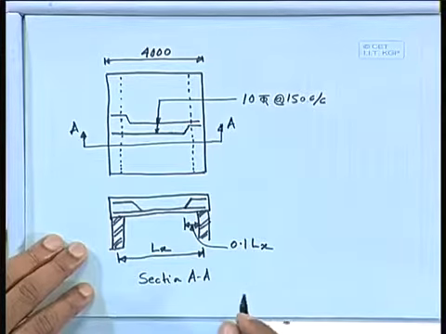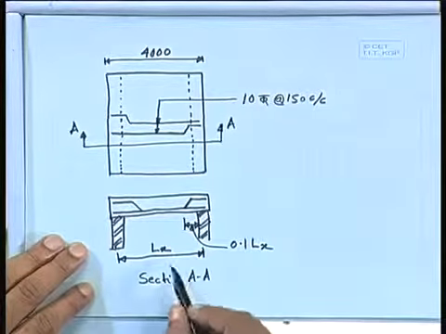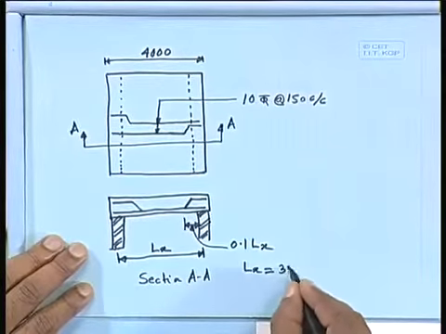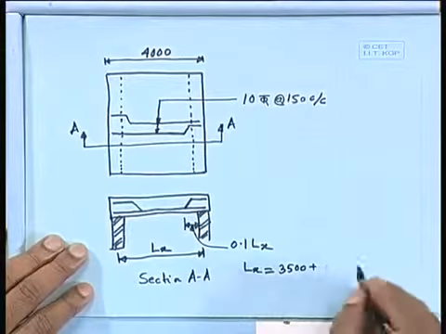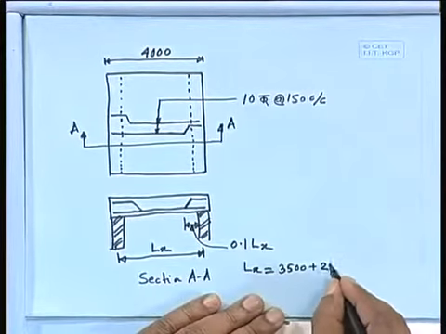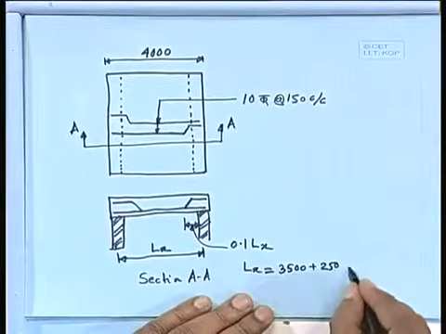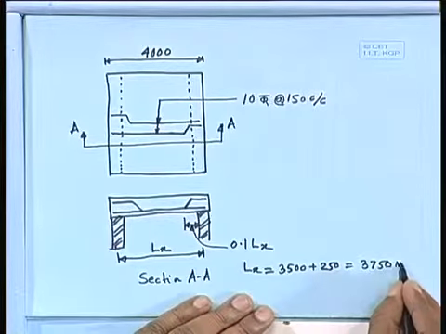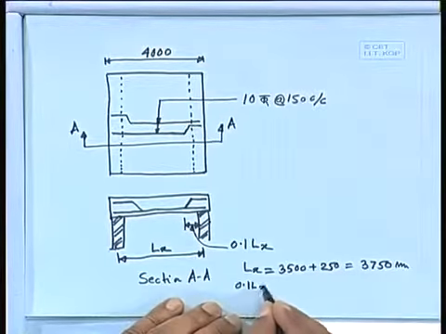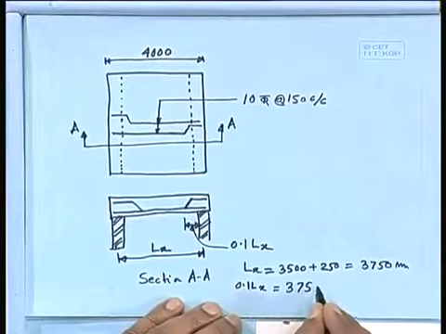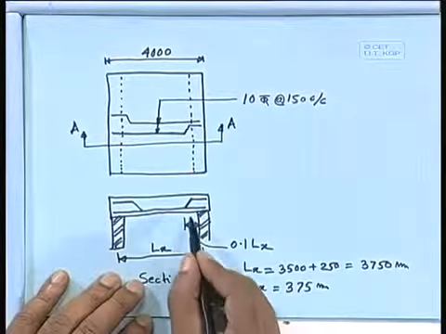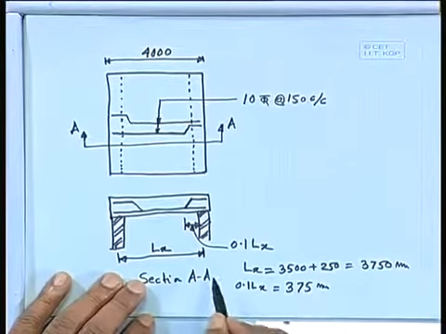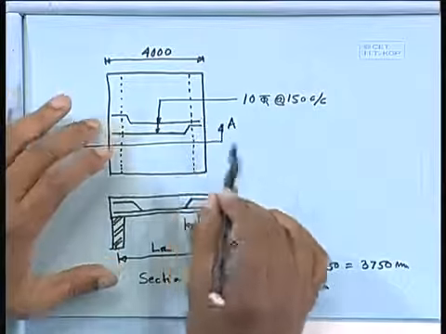So in our case, Lx equals 3500 plus 250 center to center, which comes as 3750 millimeter. So 0.1 Lx equals 375 millimeter. So from the end of the support, you will crank at 375 millimeter, and both sides you will do it like that.